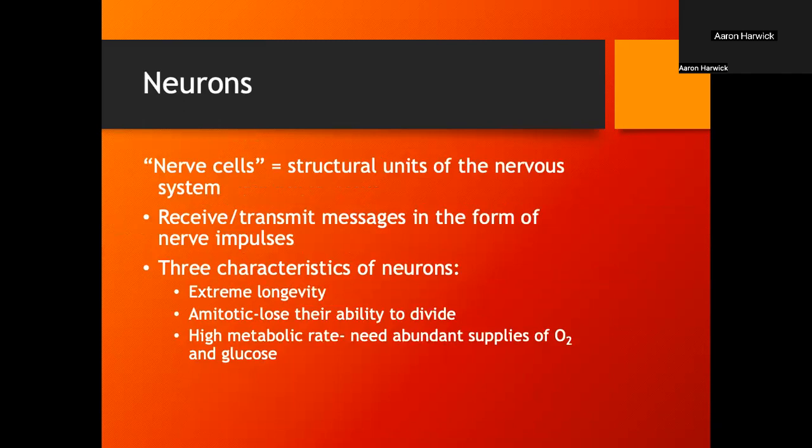Neurons are basically nerve cells, which are the structural units of the nervous system. They receive and transmit messages in the form of nerve impulses, and they have three characteristics. They have an extreme longevity, so you keep your neurons for most of your life.